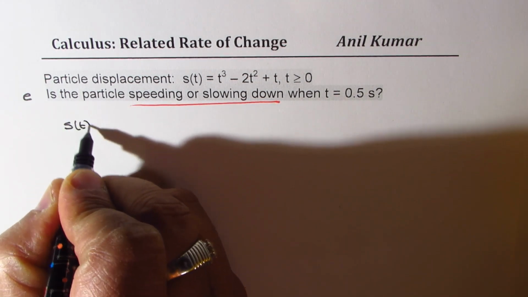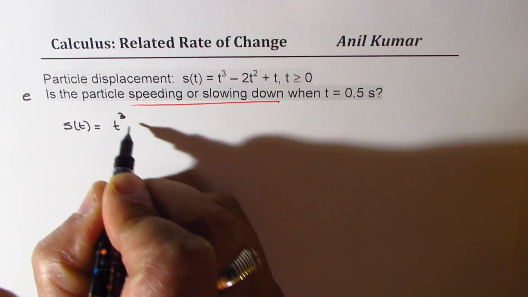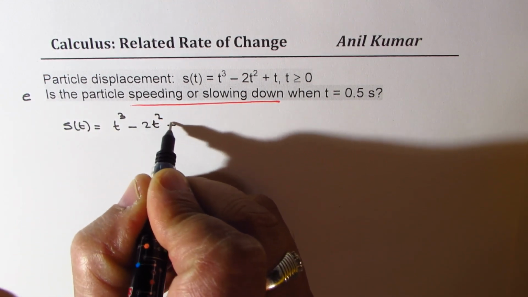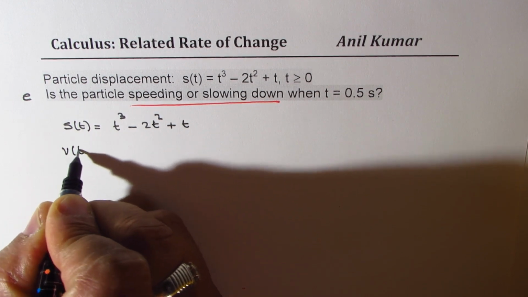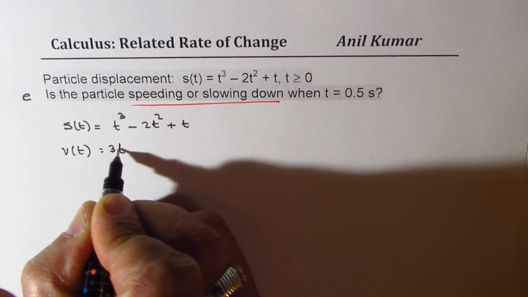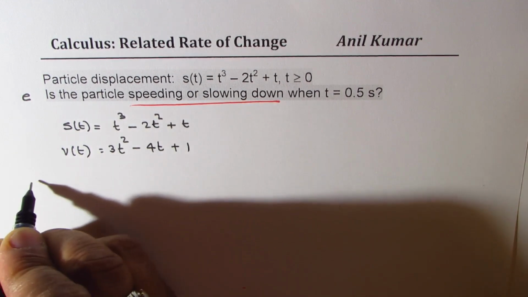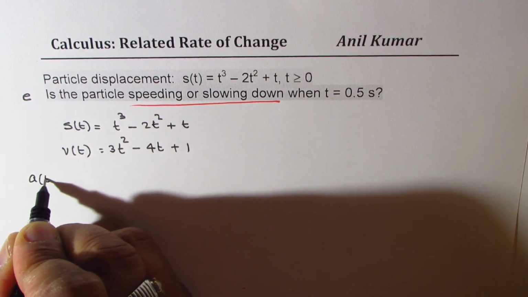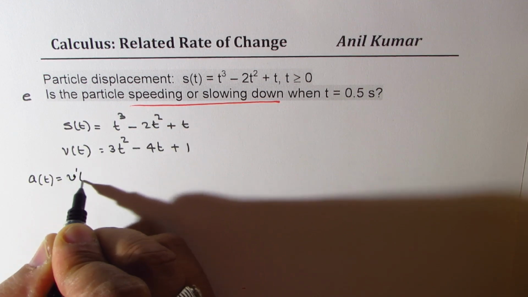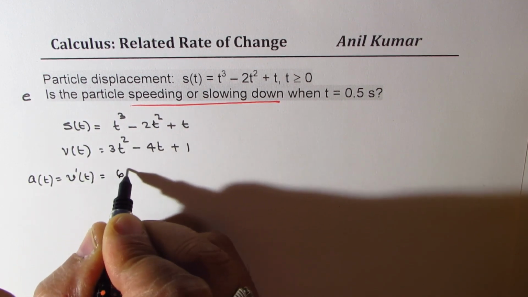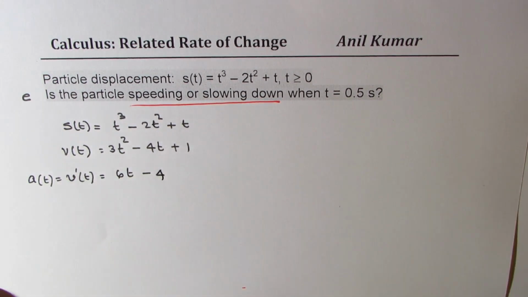We know S of t is equal to t cube minus 2t square plus t. Velocity is the derivative, 3t square minus 4t plus 1. Then acceleration is the derivative of velocity, right? So we get 6t minus 4.